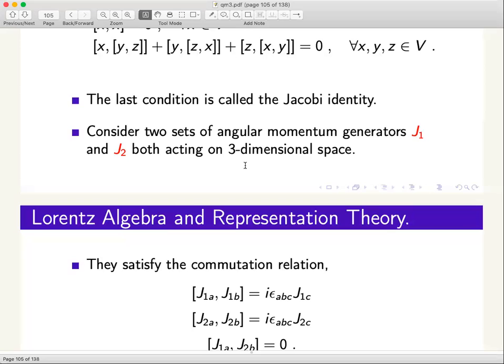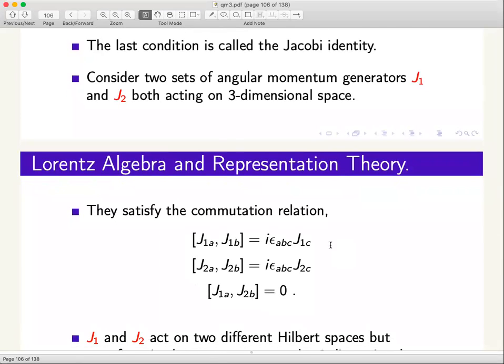That means under x vector going to minus x vector, an ordinary vector would change sign, whereas a pseudo vector wouldn't. Angular momentum generators transform like pseudo vectors in 3 dimensions. They don't change sign. So I want to choose J1 and J2 both to have the same property, namely both are pseudo vectors with respect to 3-dimensional transformations, which include rotations as well as discrete transformations.